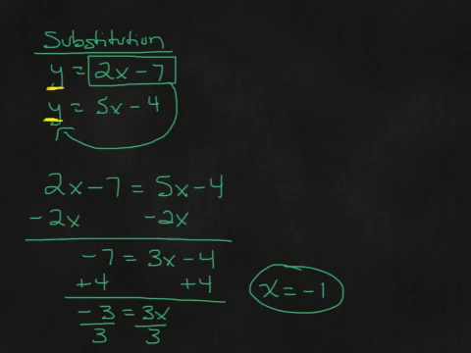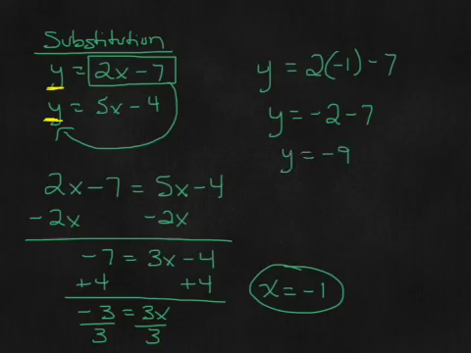Now you have your choice. It really doesn't matter which one you plug into. So plug into whichever one looks easier for you. I'll take the one on the top. And so y equals 2, x is now -1, minus 7. And so y equals -9. And so the coordinate now is -1, -9.